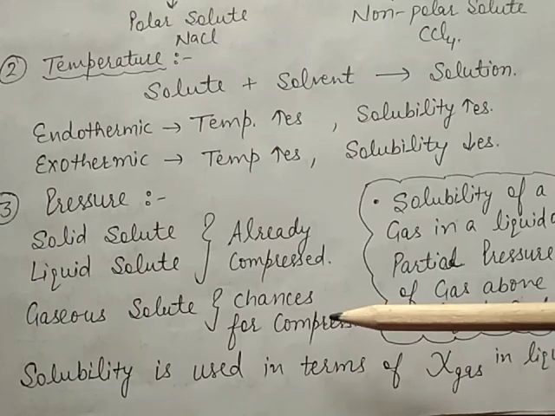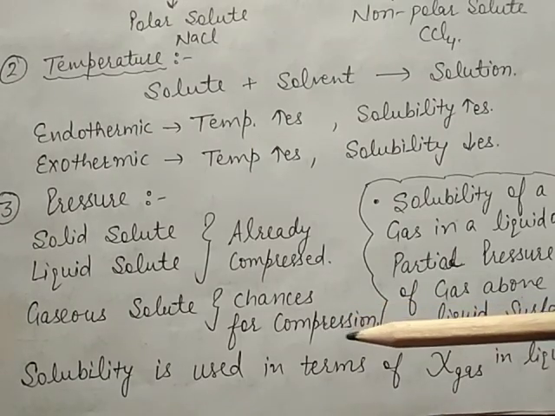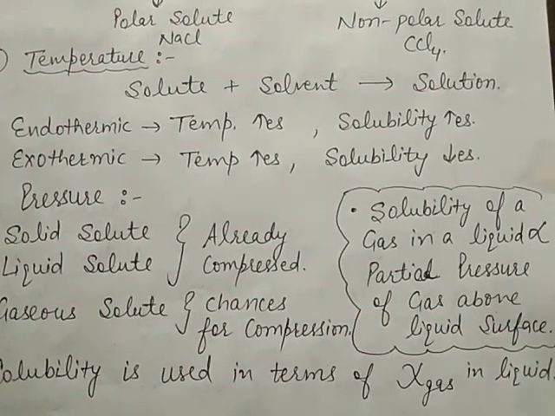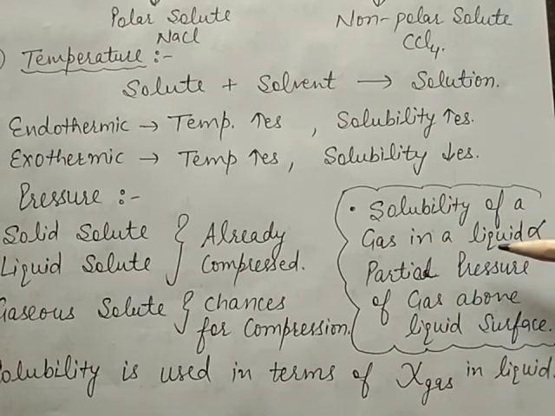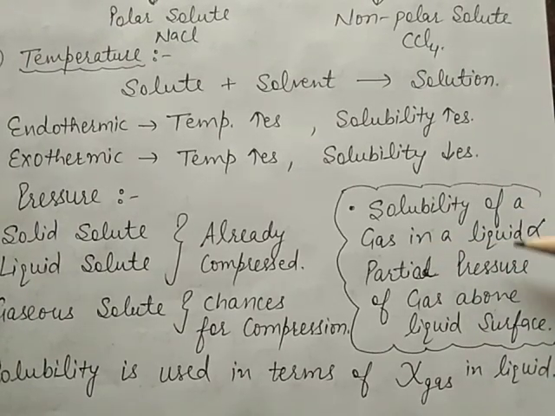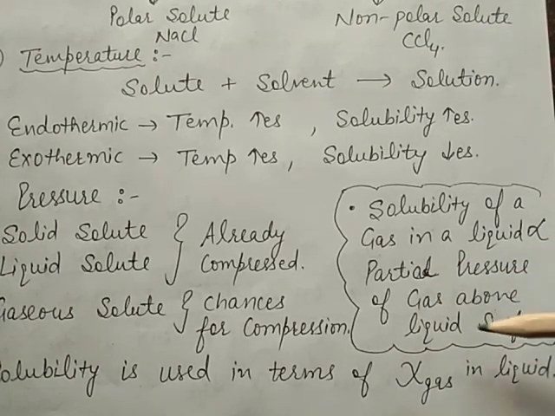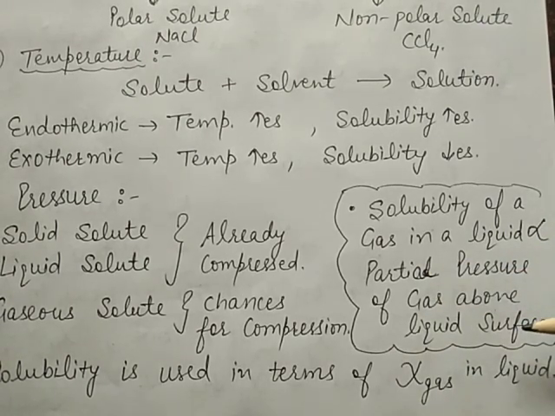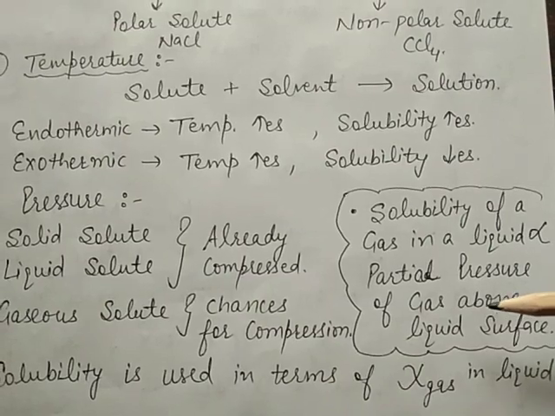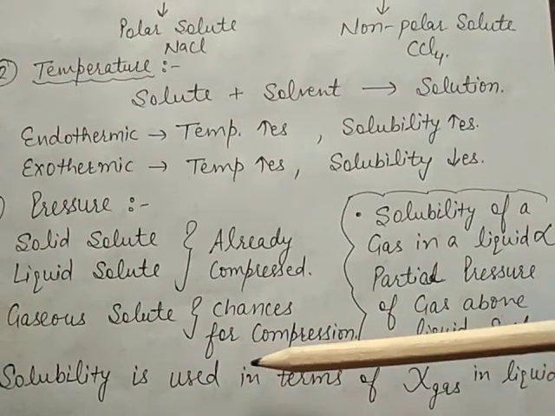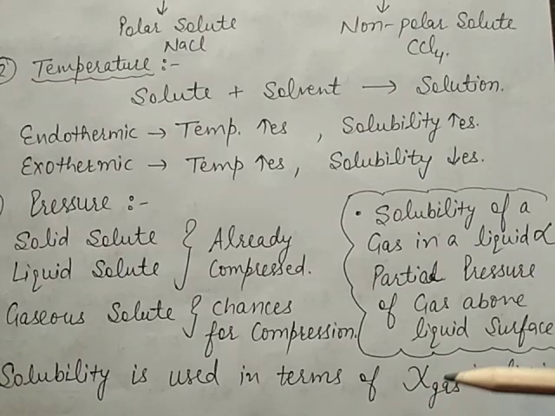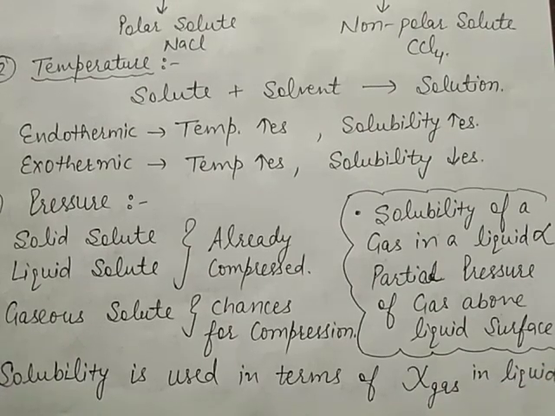In the case of solubility of a gas in a liquid, it is directly proportional to the partial pressure of the gas above the liquid surface. It means solubility depends on the pressure. It is directly proportional. The solubility is used in terms of zeta of the gas in a liquid.